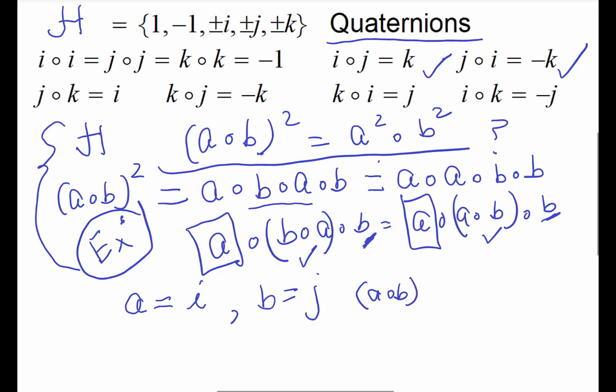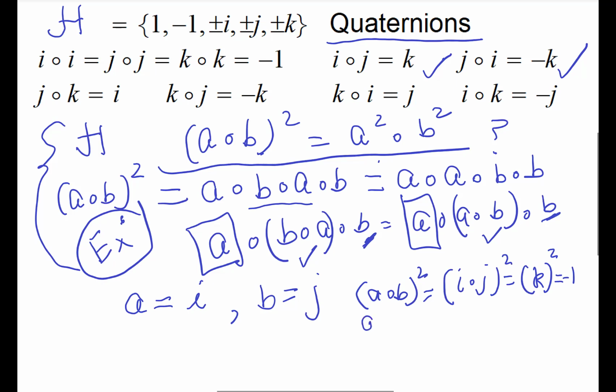(A∘B) square is going to be (i∘j) square, and that is going to be k square, and that is going to be -1, right?